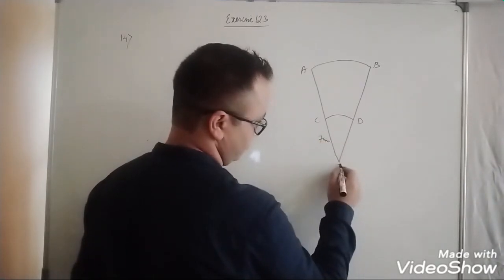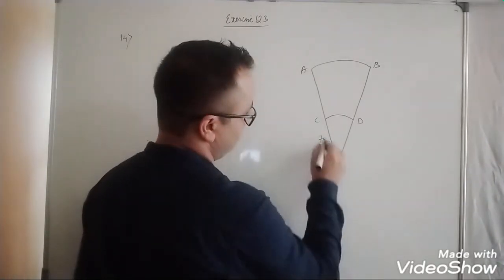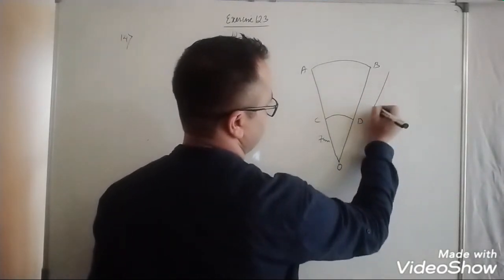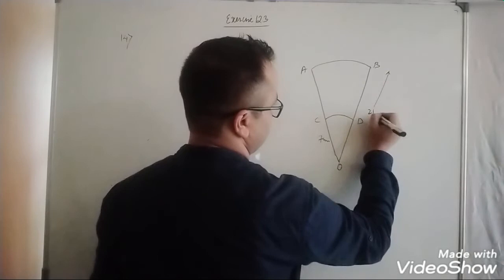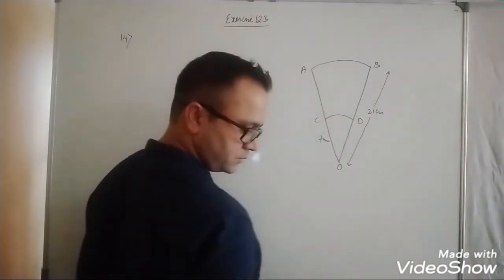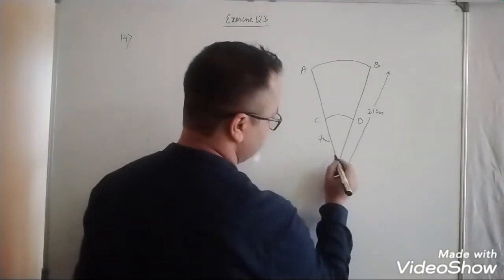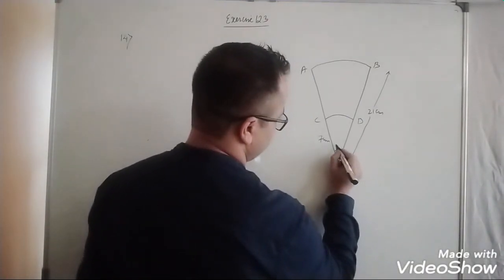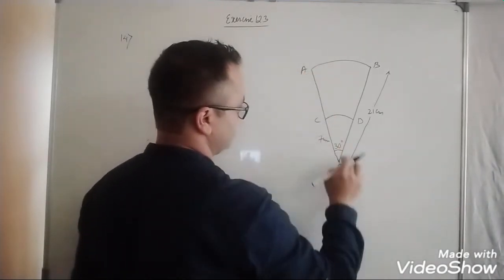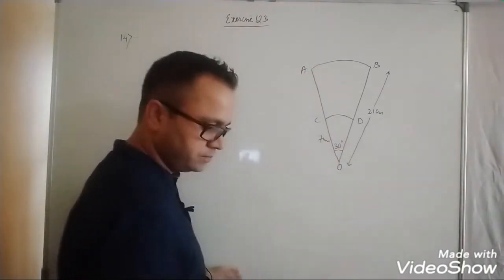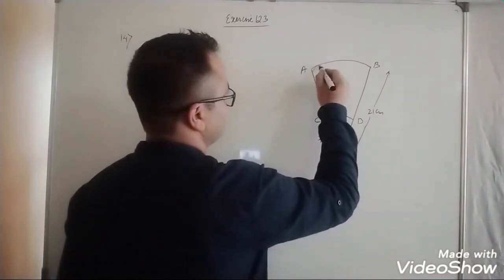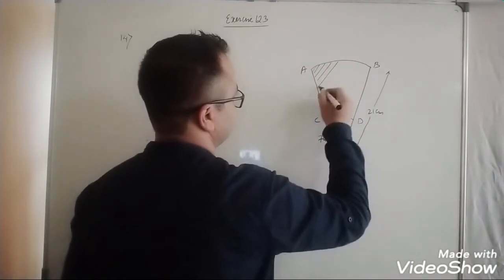OC is 7 centimeter, and OB is 21 centimeter. The central angle AOB is 30 degrees, and COD is also 30 degrees. Find the area of the shaded region.